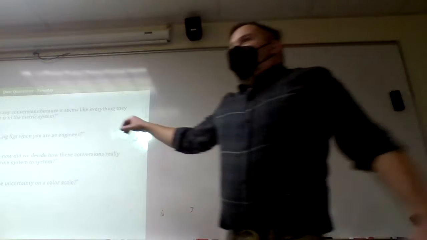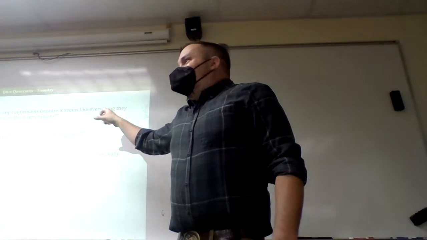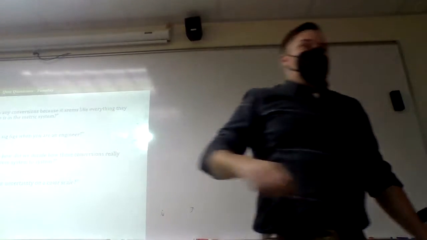And how important are sig figs when you're an engineer? I like this question. The answer is very important, because you need to know exactly where your uncertainty is. That sounds like a contradiction. You need to know what your uncertainty is if you're going to be an engineer, because of tolerances. Exactly how much can this bridge carry?